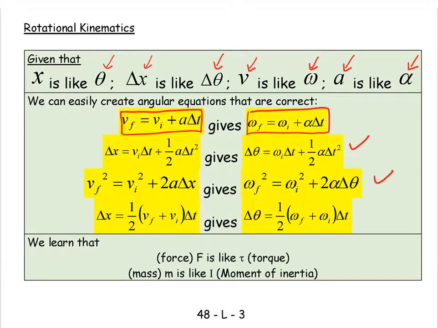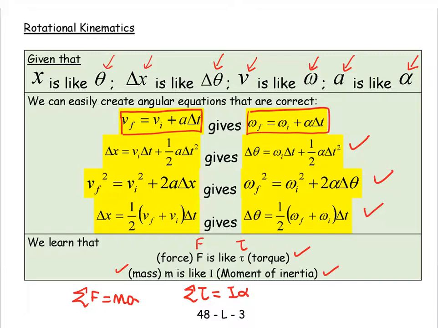They translate across. In fact, we can also learn that there's a thing called torque, which has the symbol tau, which is the angular equivalent of force. And there's a thing called, I know it's strange, moment of inertia, which is the angular equivalent of mass. So whereas before we said the sum of the forces is equal to ma, in angular terms we can say the sum of the torques is equal to I alpha, and it works.